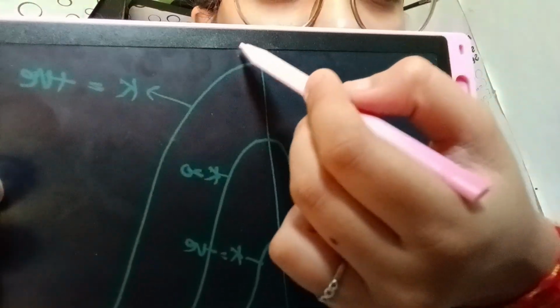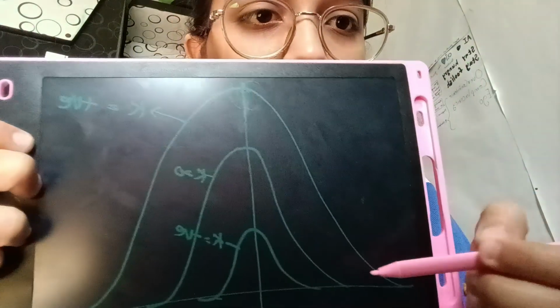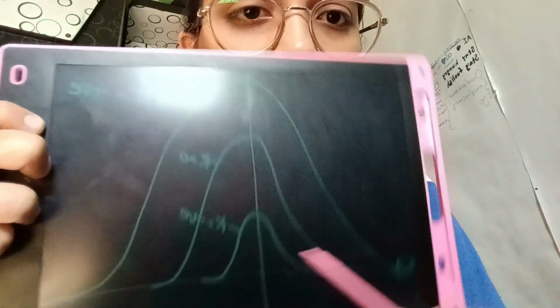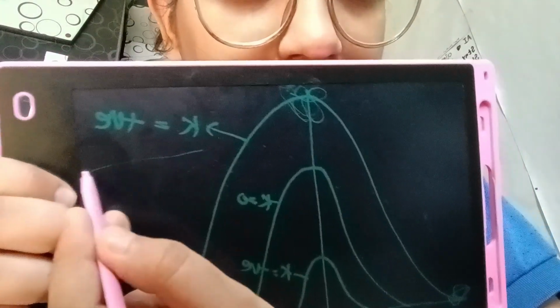Here the peak is sharper and taller, so it is leptokurtic, and its k is positive. Now we have kurtosis equal to 0, which is a normal distribution. We already know the normal distribution. It is called mesokurtic, and most of the time it is a good one.